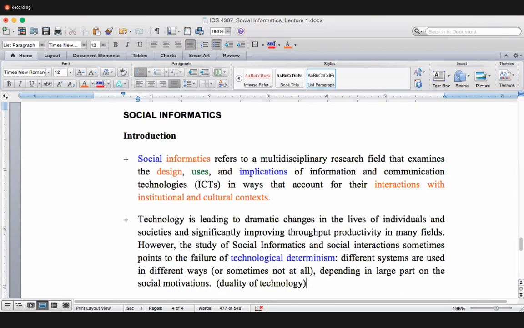In other words, different systems are used in different ways, meaning that somebody may use it for the benefit of everyone, and another person may use it not to support others, but with the aim of injuring others. That's why we need to be aware of the duality aspect of technology, and you must therefore consider technological determinism when you are conceptualizing any system.